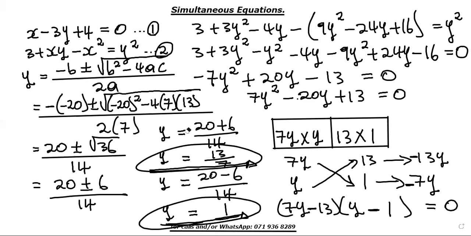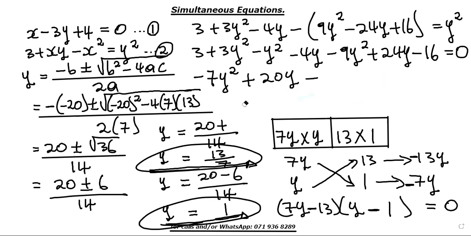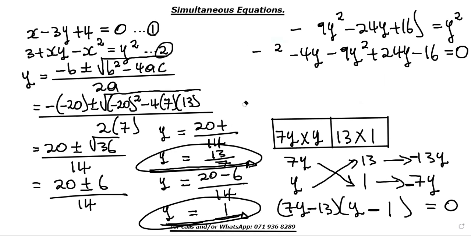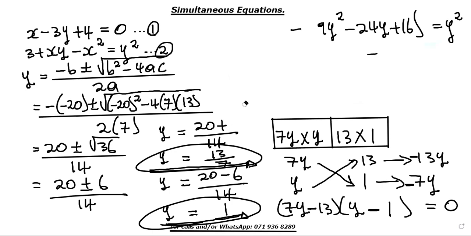So now that we know the values of y, next we have to go and find the values of x. So meaning we go to the third equation and substitute these values of y in order to get the values of x.